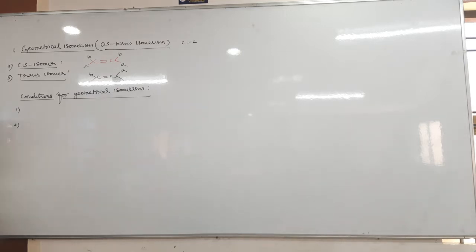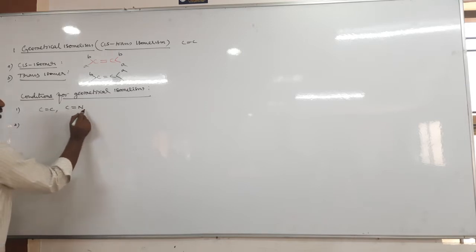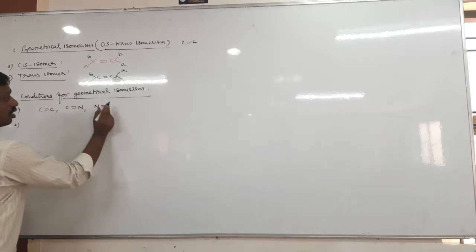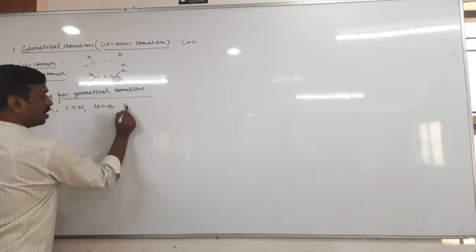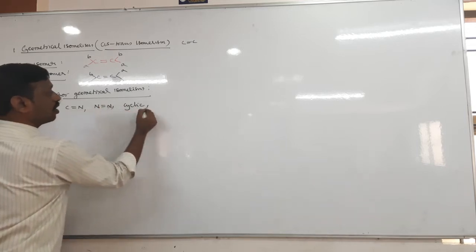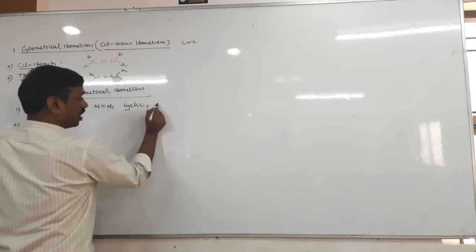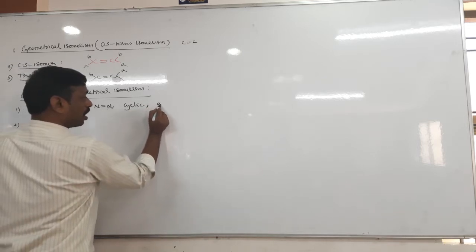What are the conditions? I am not asking about the cause of the isomerism; it means how to identify geometrical isomerism. The first condition is that the molecule must have either a carbon-carbon double bond, or a carbon-nitrogen double bond, or a nitrogen-nitrogen double bond, or the molecule must be cyclic, or even a diene, an alkadiene.